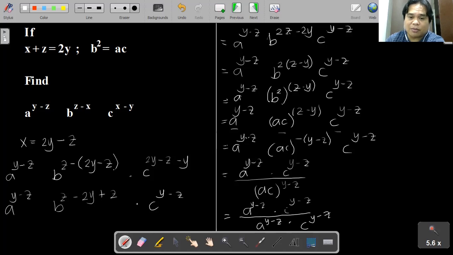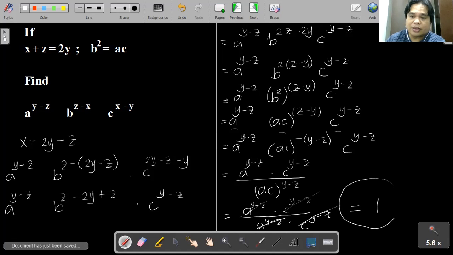And since it's common, this c to the power of y minus z is the same as the one in the denominator, so I can just cancel them out. The same as this one. So the whole thing is just equal to 1. That's your answer. So the whole expression is just equal to 1.